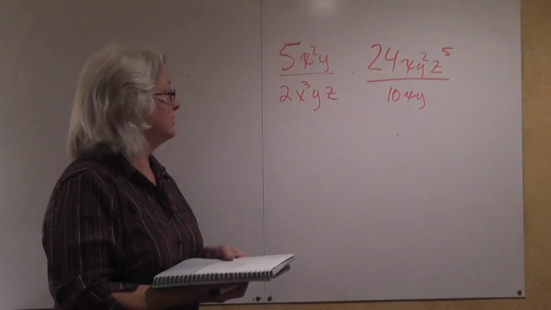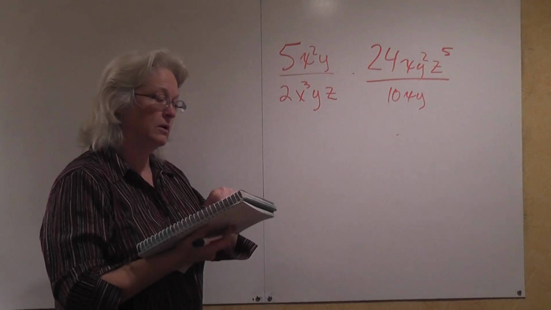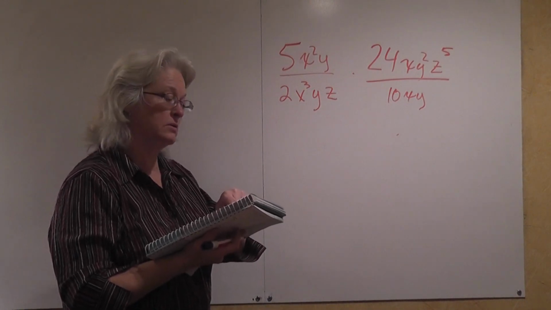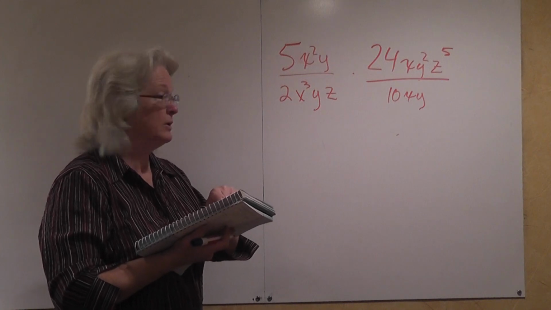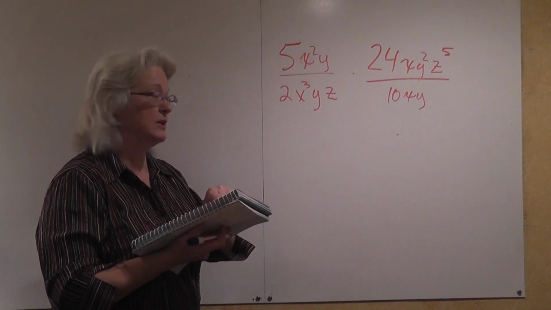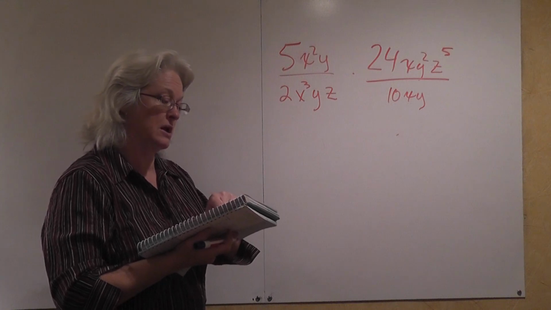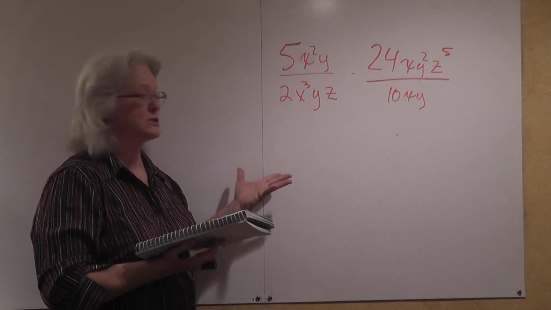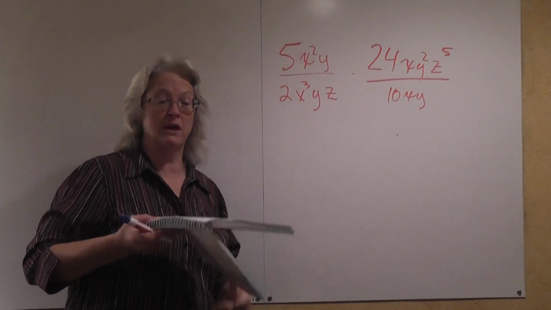Got quite a lot going on here. Let me verify. 5x squared y, 2x cubed yz, 24xy squared z to the 5th, 10xy. Let's look here and see what common factors we have to cancel.